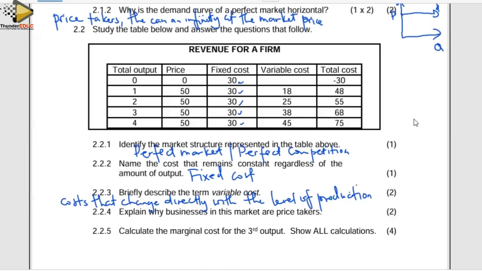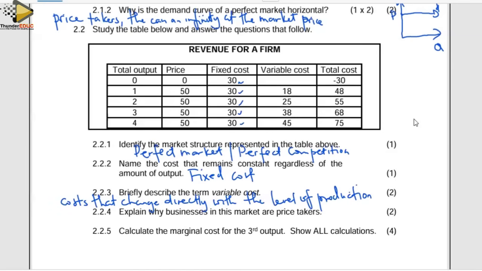What are we saying? These costs change directly, which means the more you produce, the more you pay. For example, we talk about water, talk about electricity. Those are variable costs. The more you use water, the more you pay for water. The more you use electricity, the more you pay for electricity. So those are variable. They change directly with the level of production.